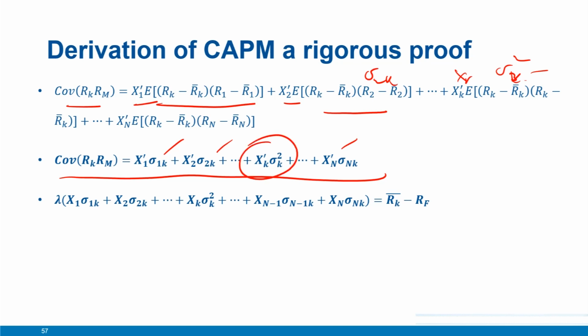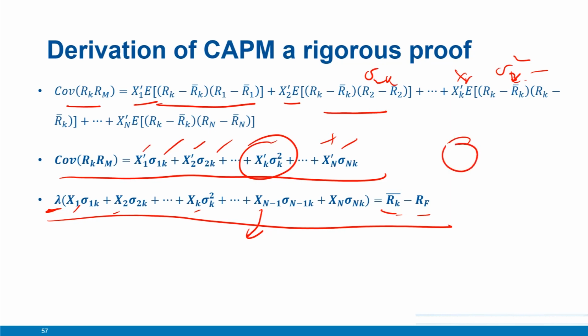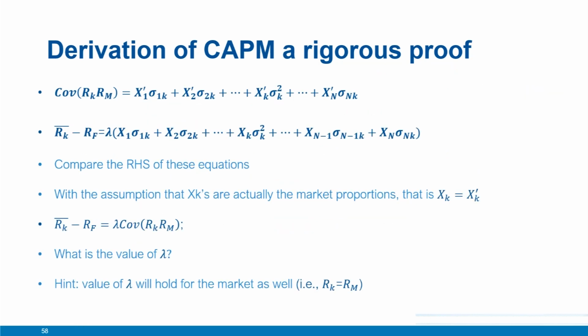Now let us compare with our optimum portfolio that we were discussing earlier. We have already obtained this expression for the optimum portfolio where x1, x2, xk are the optimum weights in the tangency portfolio. Lambda is our constant, and this was equal to rk bar minus rf bar. Please clearly note the distinction that these xi dash, x1 dash, x2 dash are the investments in actual market cap terms, while these x1, x2 are in that tangency portfolio, the optimum portfolio.